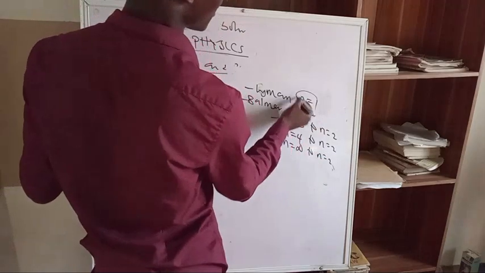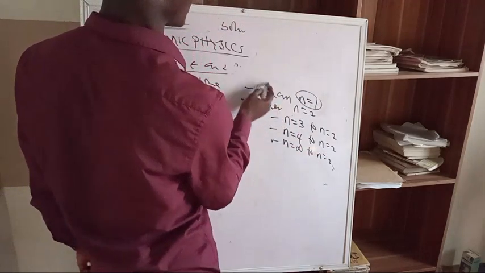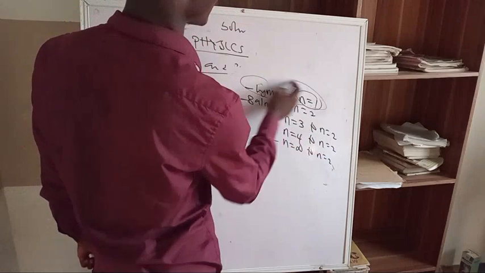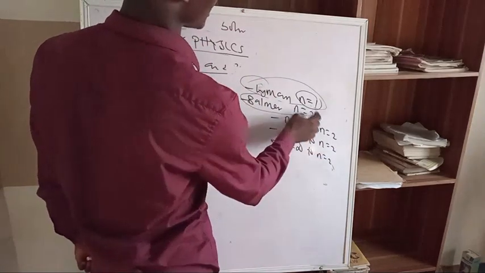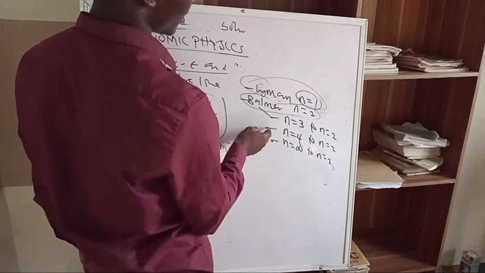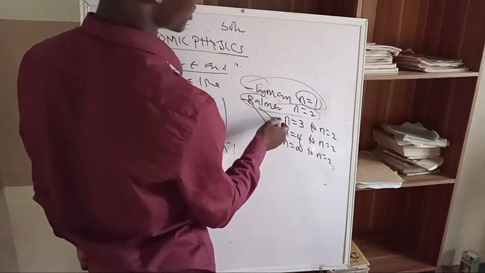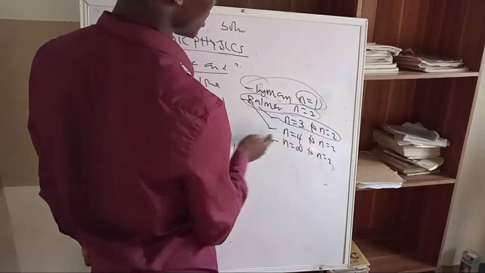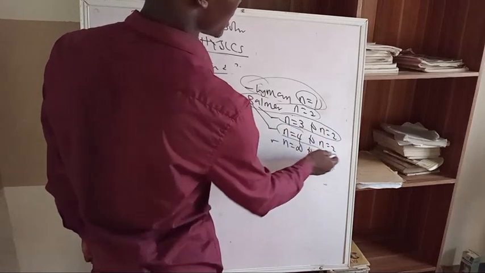Lyman is only 1. Lyman ends in n is equal to 1, Balmer ends in n is equal to 2. So in Balmer series, you have the shortest wavelength, you have the first line. Shortest wavelength ends in n is equal to 2. The first line ends in what? n is equal to what?